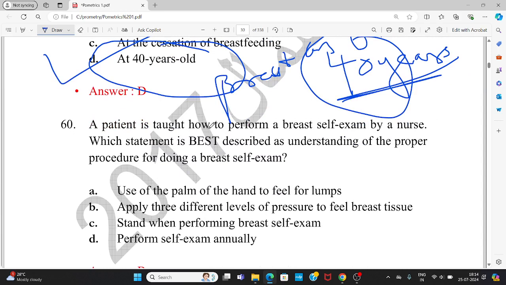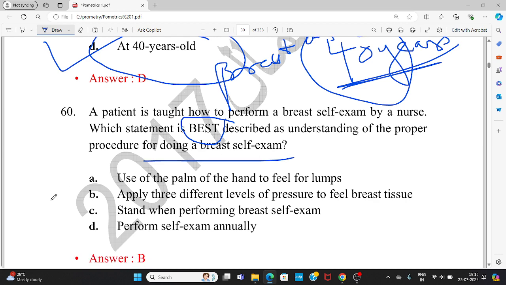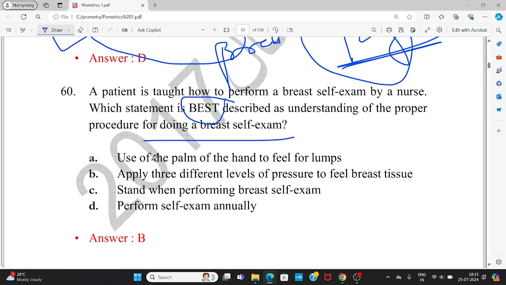A patient is taught how to perform a breast self-exam by a nurse. Which statement best describes understanding of proper procedure for doing the self-examination? Use the palm of the hand to feel for the lumps. Apply 3 different levels of pressure to feel the tissue.